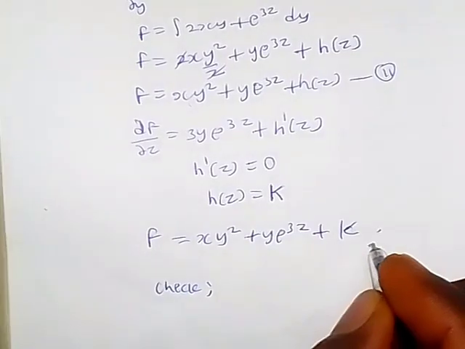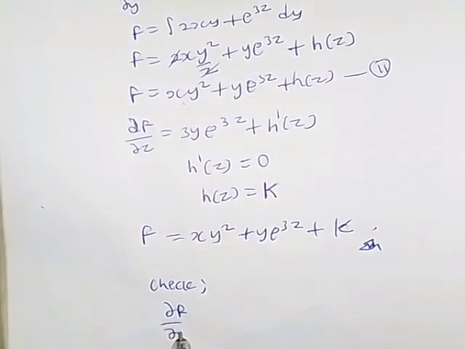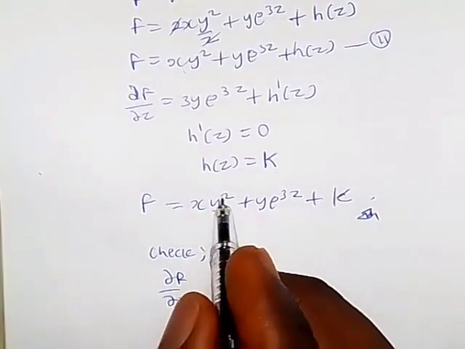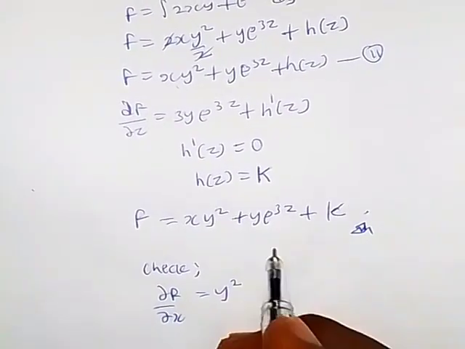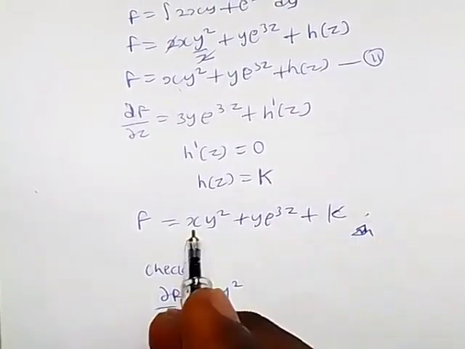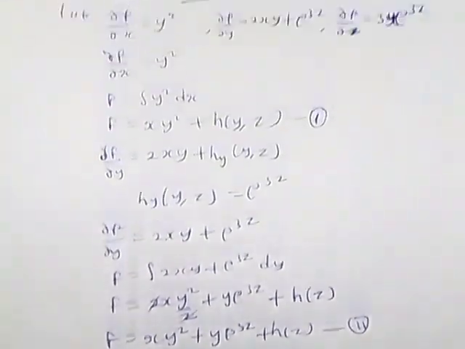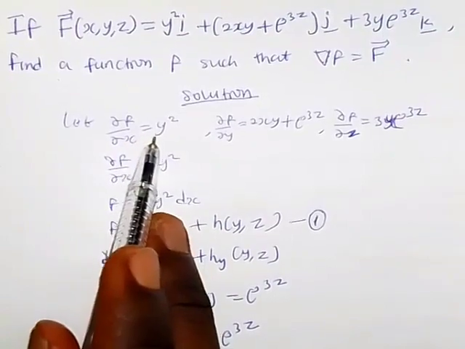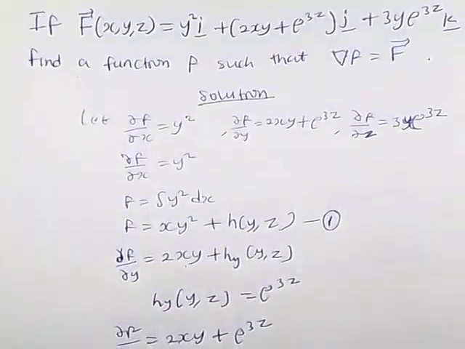When we take this guy with respect to x, our function, we are going to have y squared. This will be 0, this will be 0, just constant. So we differentiate, we have y squared. You can see we obtain y squared from here, the first component.